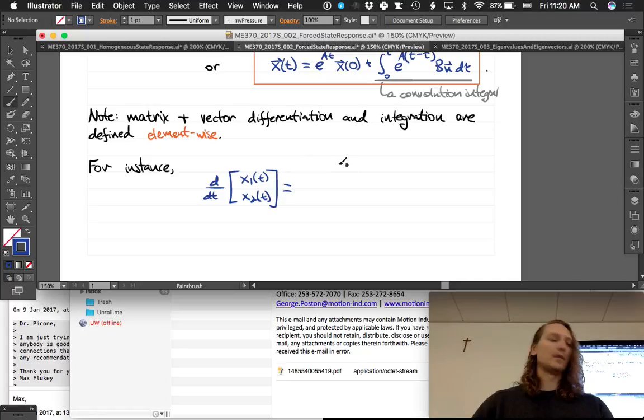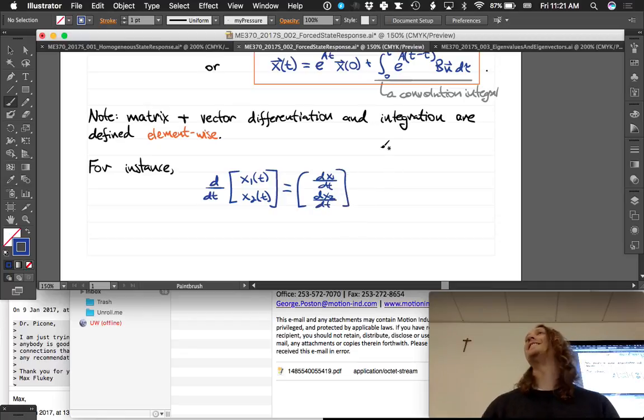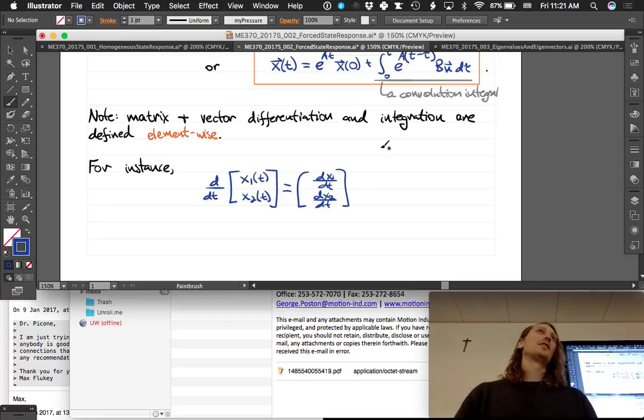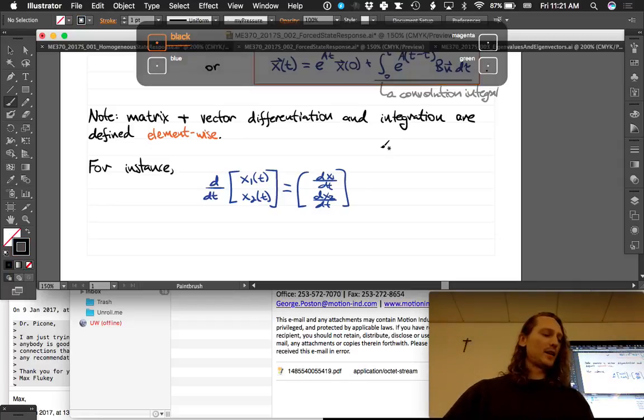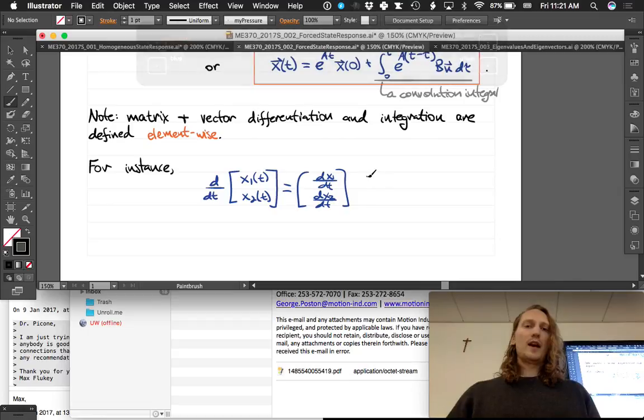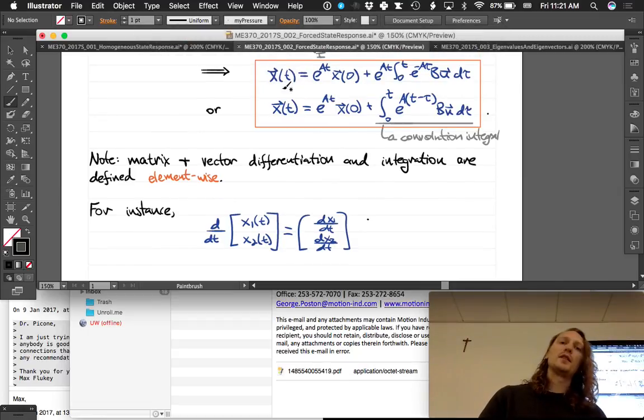Take the time derivative of a vector-valued function of time, you just take the time derivative of each element. So dx1/dt, dx2/dt. So just what you would hope is the definition.